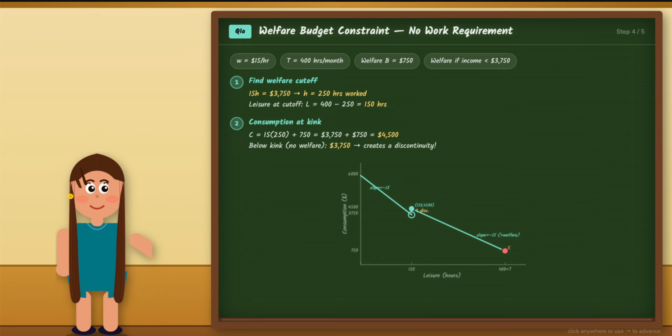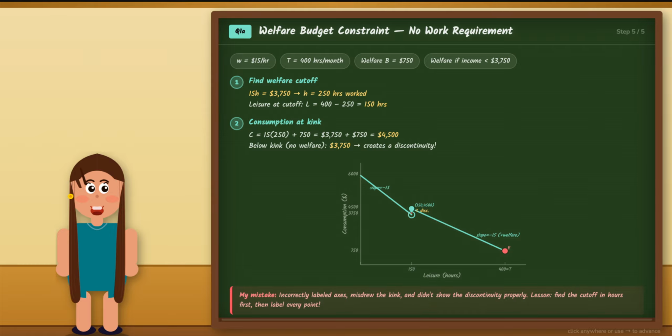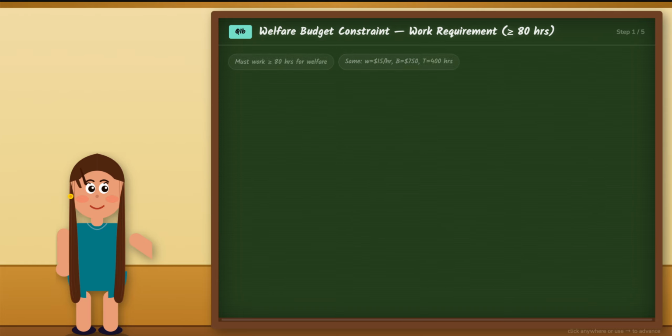The segment below the kink continues with the same slope of negative 15 up to the y-intercept at (0, 6,000). What I did wrong on my exam was mislabeling the graph and drawing the kink and the discontinuity incorrectly. The key lesson here is to always find the welfare cutoff in hours first, then carefully label every key point.